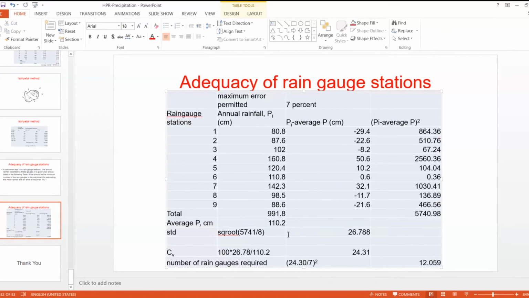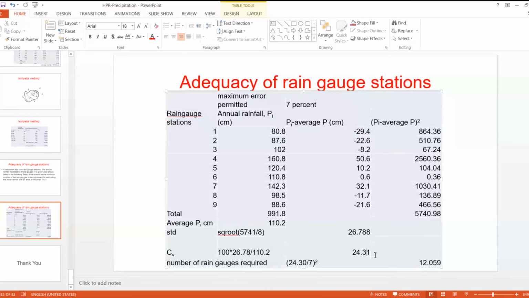So the coefficient of variation, a non-dimensional number, is equal to 100 times standard deviation by mean precipitation. So 100 times the standard deviation divided by 110.2 comes out to be 24.31.